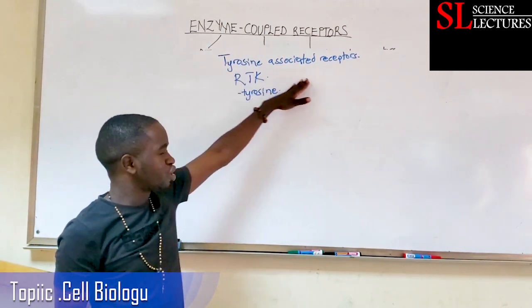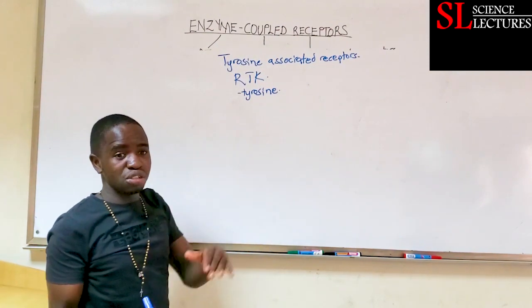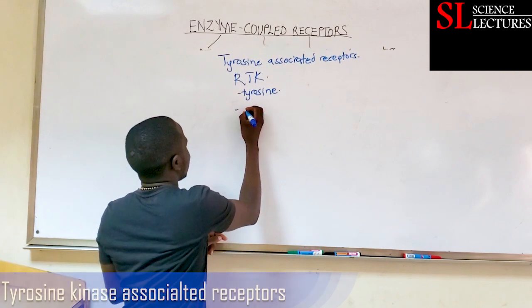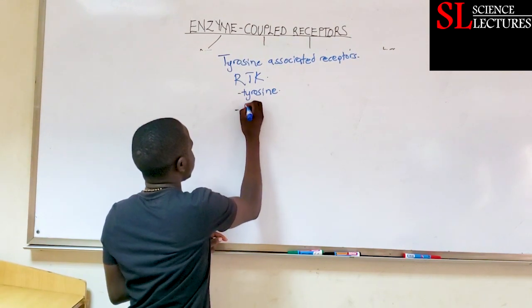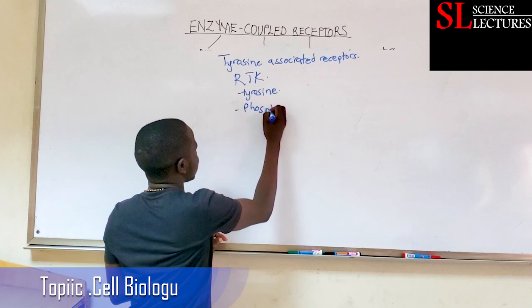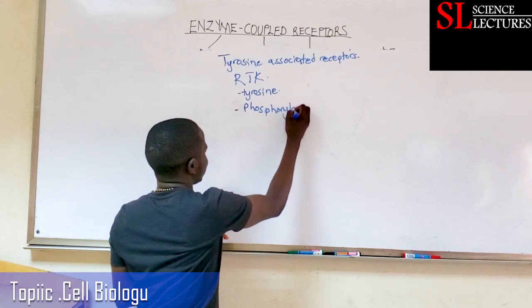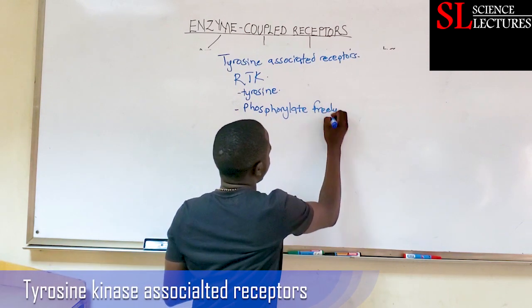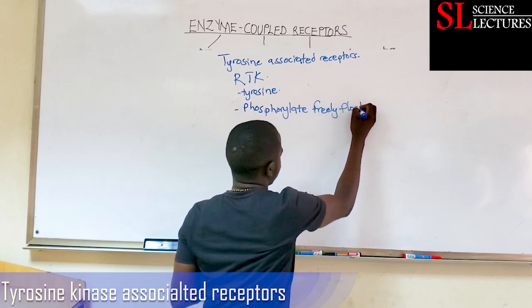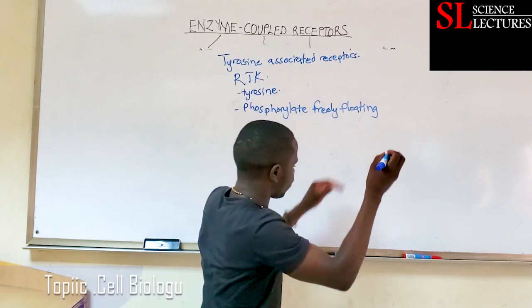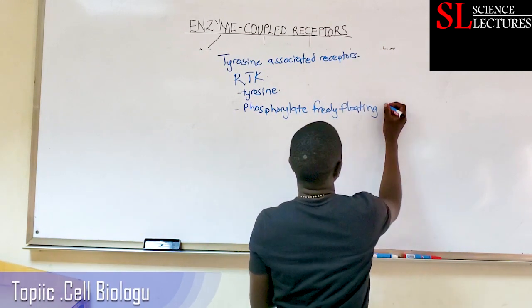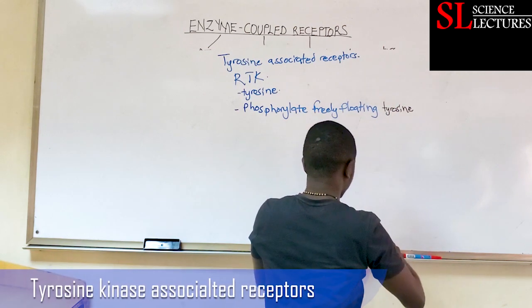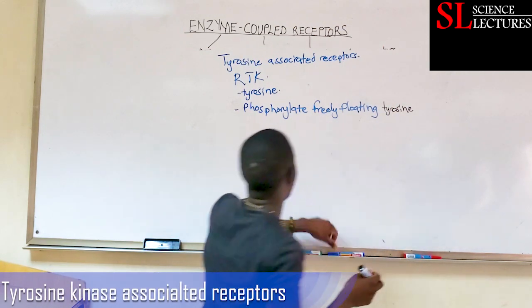So these tyrosine associated receptors have no tyrosine on their intrinsic side, but they have the power to phosphorylate. They have kinases that phosphorylate freely floating tyrosine.